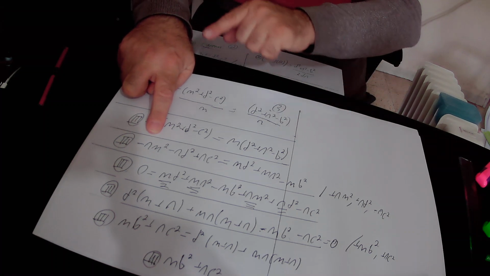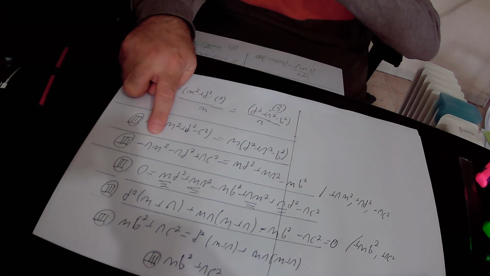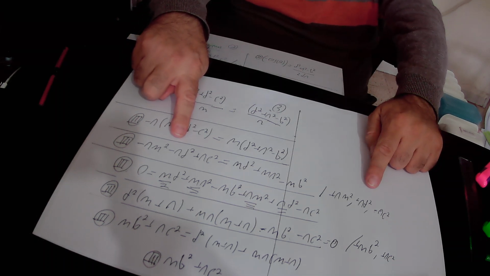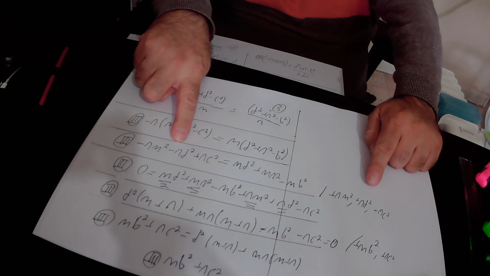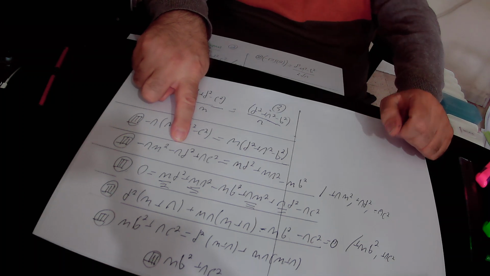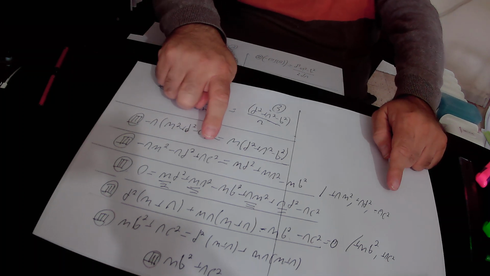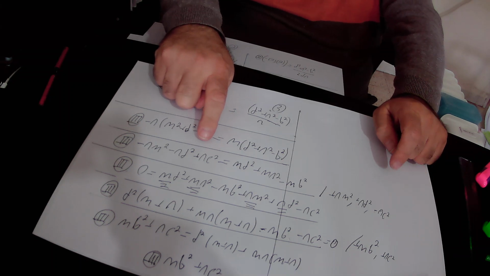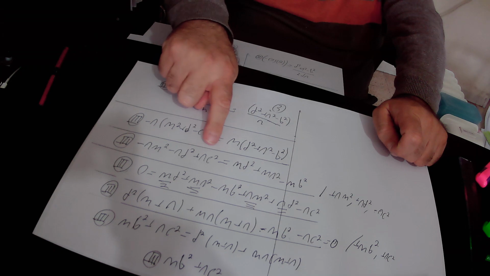So here mn squared minus mn squared is 0, and we added also to this equation nd squared. So nd squared minus nd squared is also 0, and finally we subtracted from this equation nc squared. So nc squared minus nc squared is 0. So on this side of the equation we are left with nothing, it is 0.